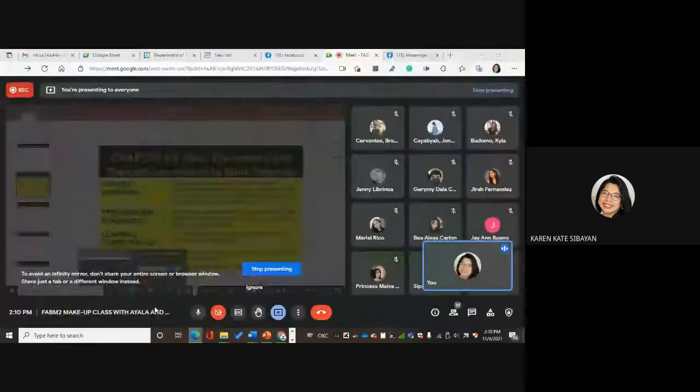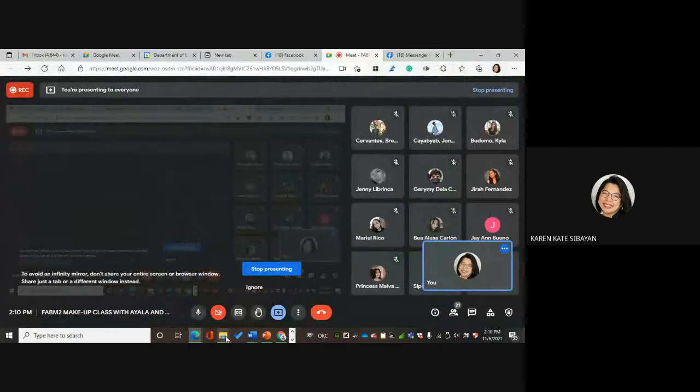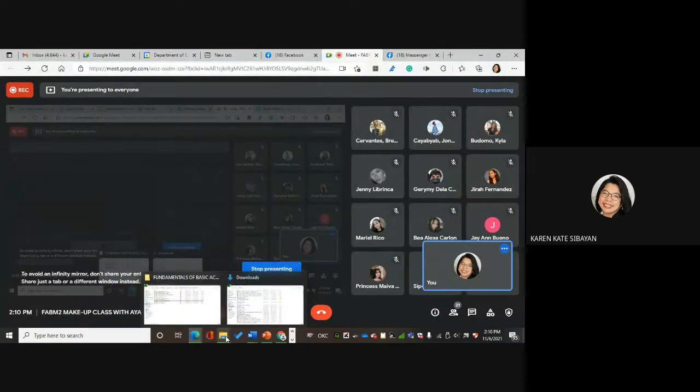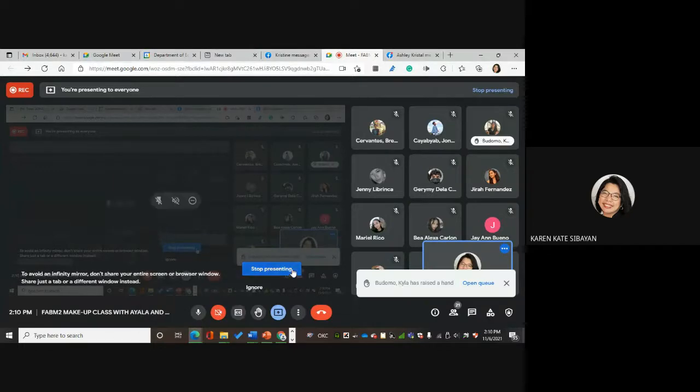O, sinong aware dito sa GCash class? O, Kyla. Ano-ano na ang nagawa mo sa GCash, Kyla? Ma'am, nag-cash in po, tapos ginamit ko po pang transfer po sa ibang account ng pera. Okay. How about Brex? Ma'am, bank transfers po tapos pagbili po ng load. Ayan.